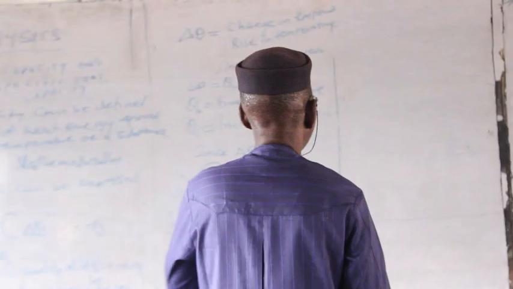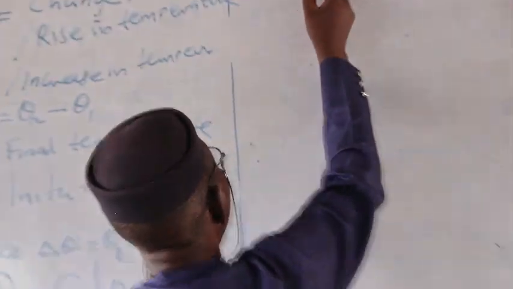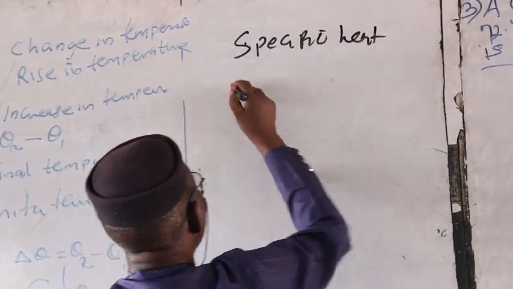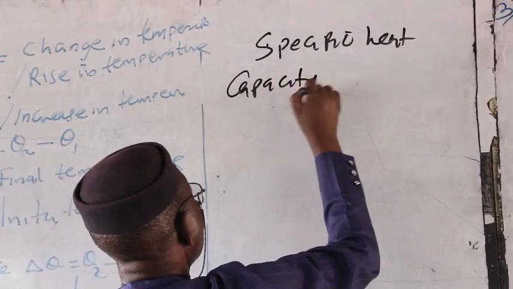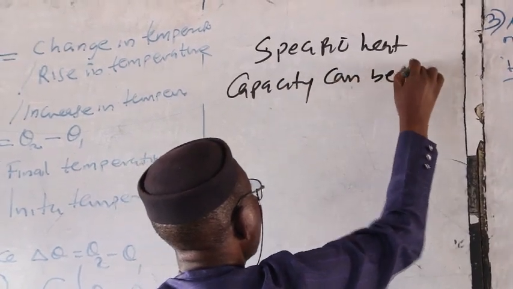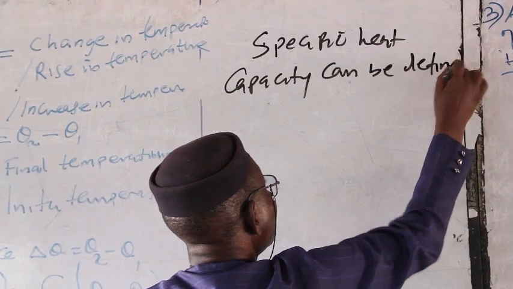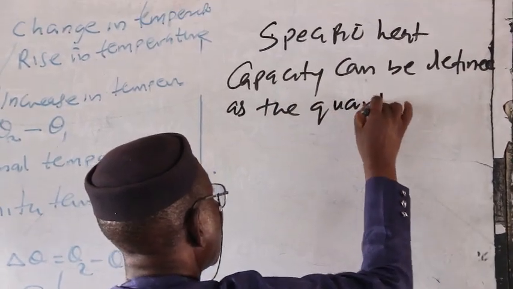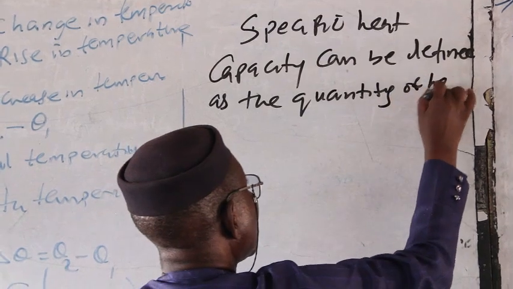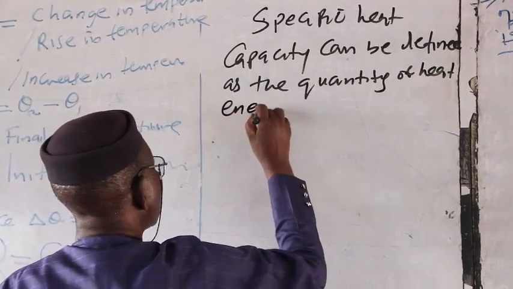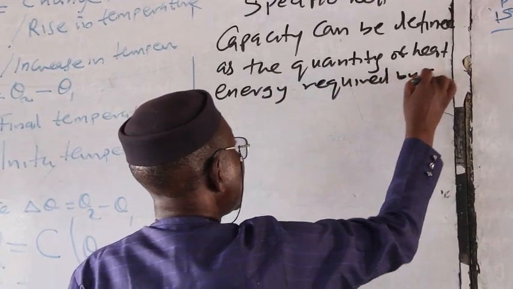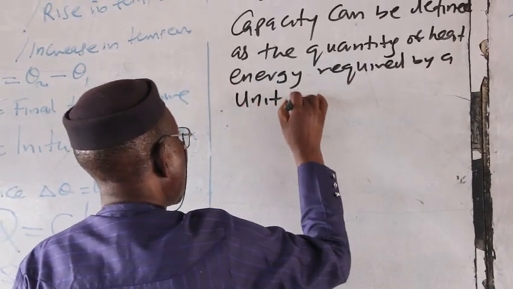Now to define specific heat capacity, we have: specific heat capacity can be defined as the quantity of heat energy required by a unit mass.